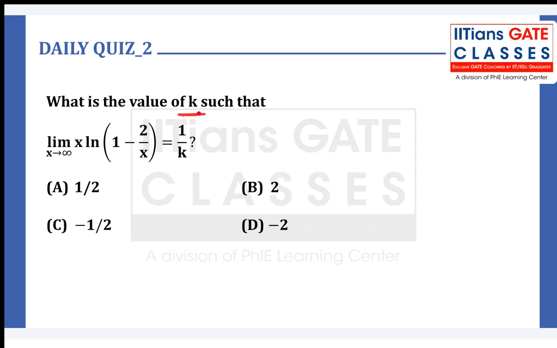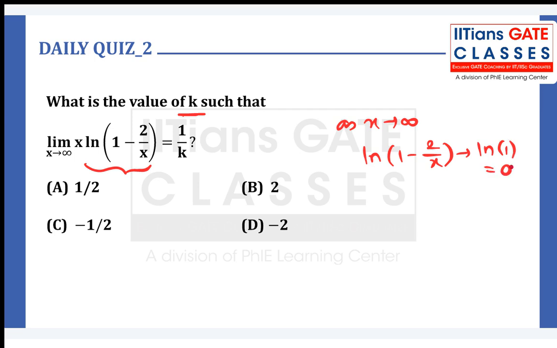First of all, you should know about this ln function. As x tends to infinity, this ln of 1 minus 2 by x tends to ln of 1, because the 2 by x term tends to 0, and ln of 1 is 0.